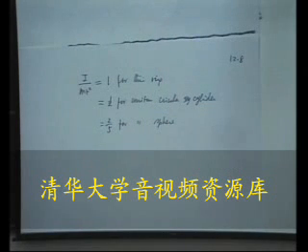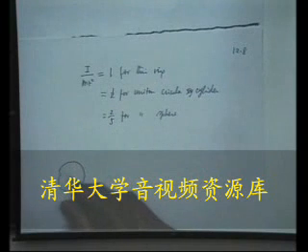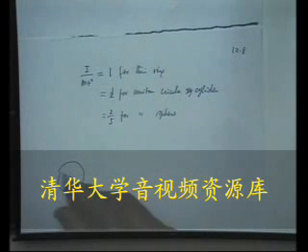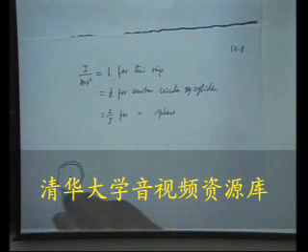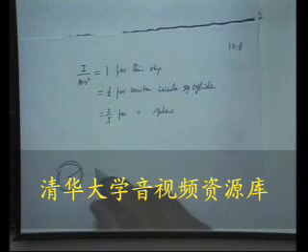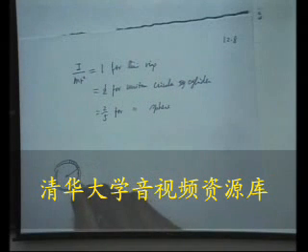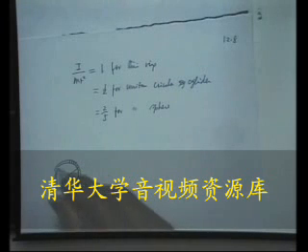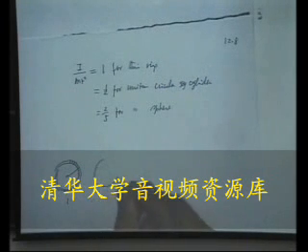For the same radius, why is the moment of inertia larger for a ring? This is a ring. This is the first case. The second one is a uniform cylinder.